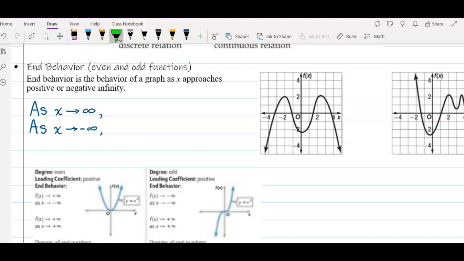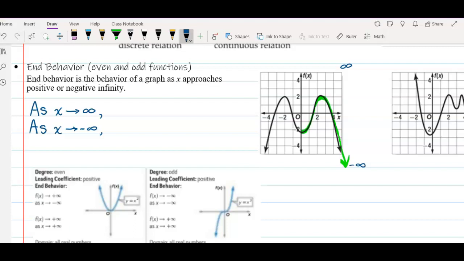So if I start in the middle of my graph and move to the right, tracing all the way to the right, as I go to the right, I'm going down. Remember, infinity is up, negative infinity is down. Infinity is to the right, negative infinity is to the left.